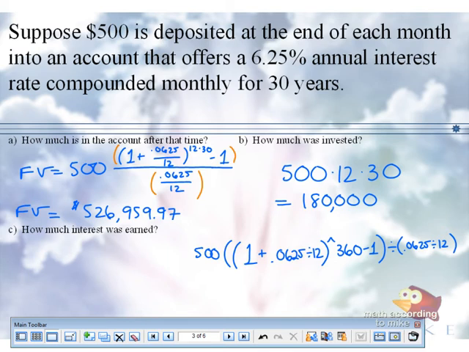Part C, how do we figure out how much interest was earned? Subtract. $526,959.97 minus $180,000 is $346,959.97. Good.